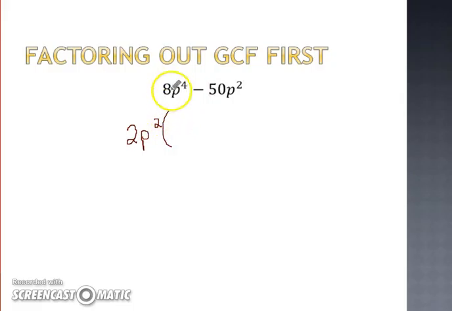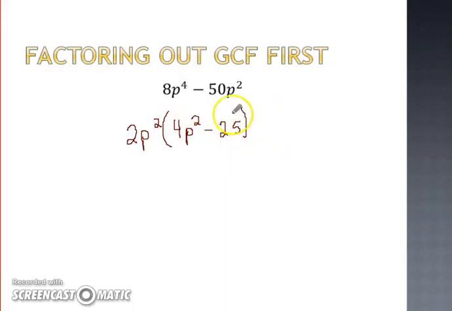So 8 divided by 2, we would have 4. P to the 4th divided by p squared would be p squared. So 4p squared minus 50 divided by 2 to get 25. And then p squared divided by p squared, those two cancel out, and that would be our answer.